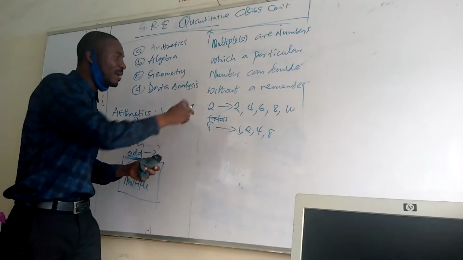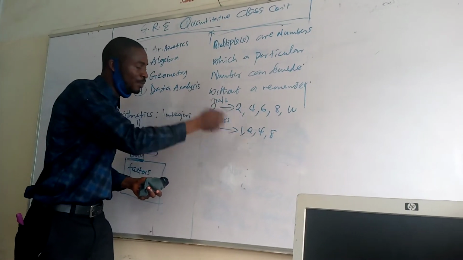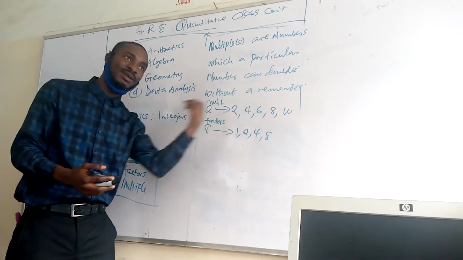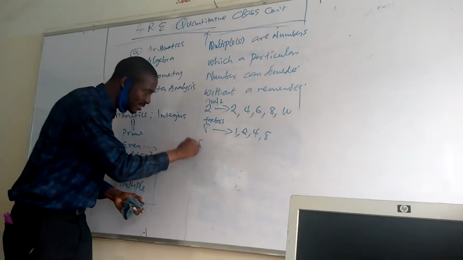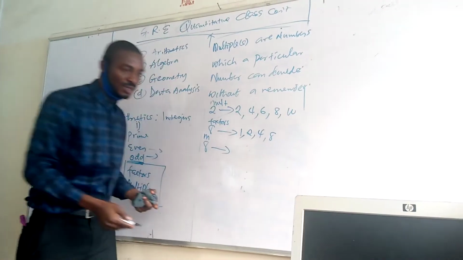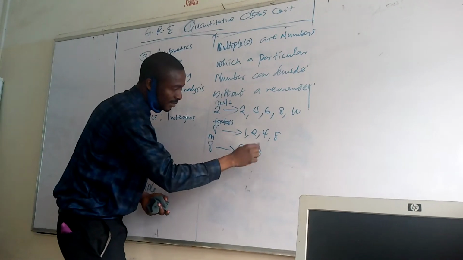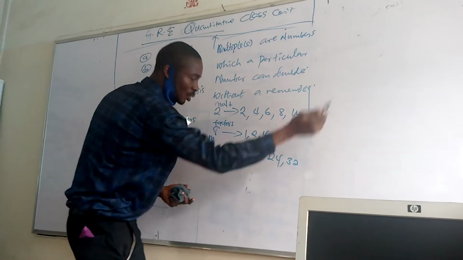So that's just the difference between multiples and factors. When I'm discussing factors of 8, I'm talking about numbers that can go into 8. When I'm discussing multiples of 8, I'm talking about numbers that 8 can go into, which start from 8 itself, then 16, 24, 32, and so on.